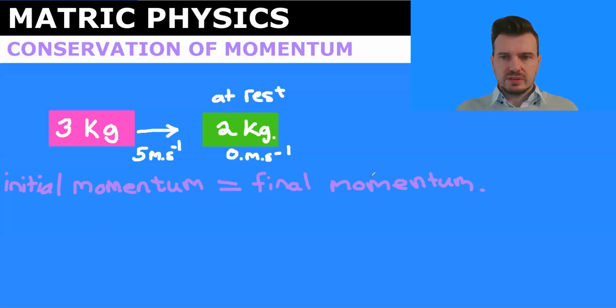Okay, and as an equation, we could put it as so that the momentum P of object 1 plus the momentum of the second object, so P initial, is going to equal the momentum of the two objects afterwards.